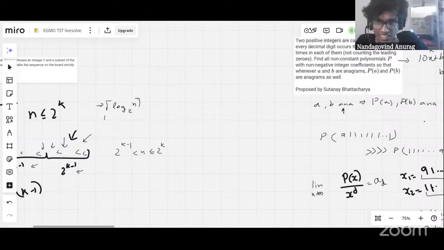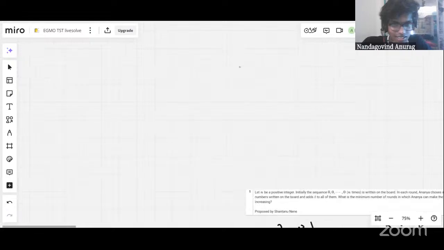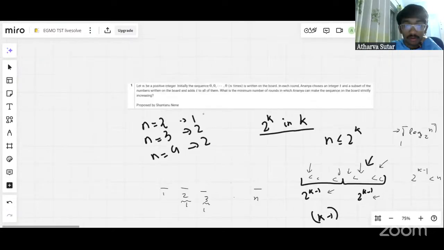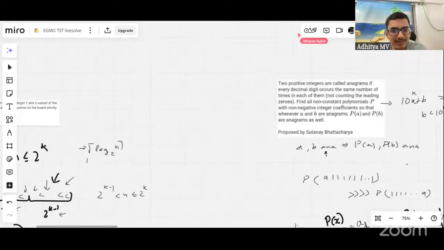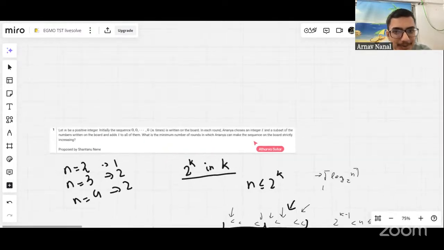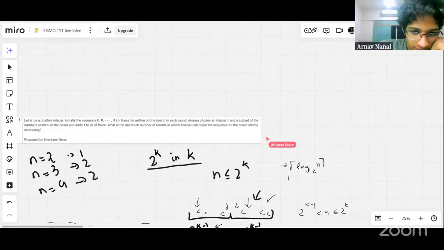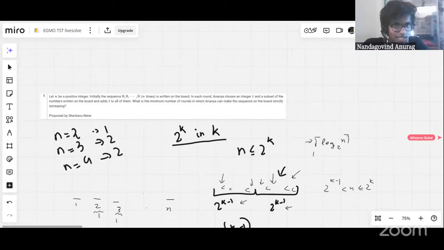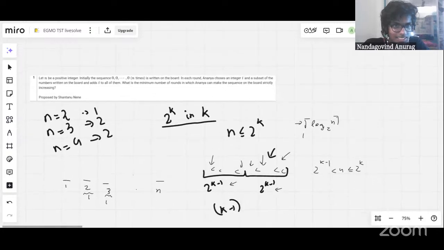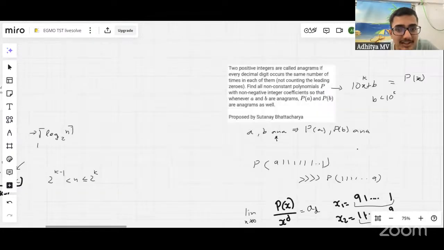Is there any combi problem? P1 was clear combi. Does P4 count as combi? No. P1 was supposed to be combi, just subsets. P1 and P2 are supposed to be distinct subjects.